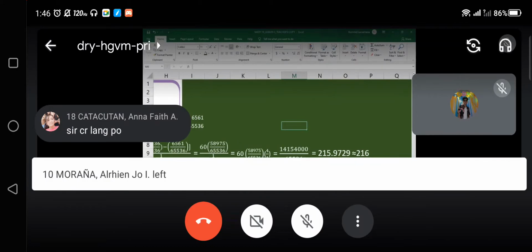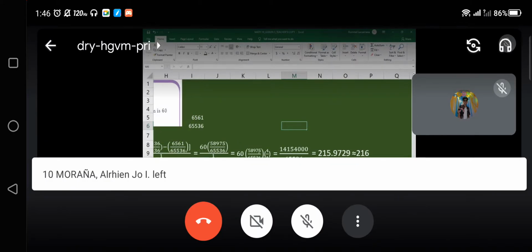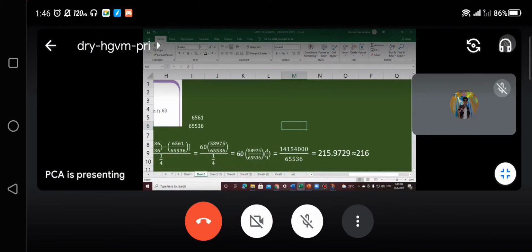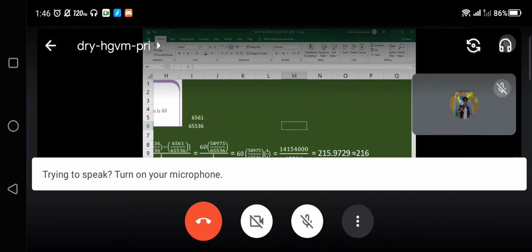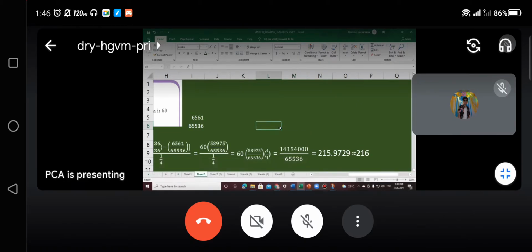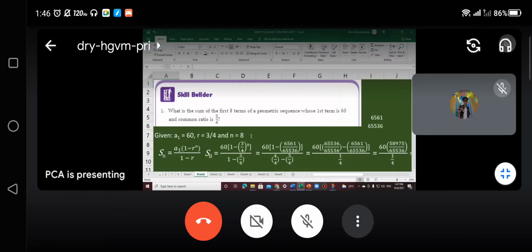It will be up. Then all you've got to do is 60 times 58975 times 4, and then 65536, of course, is 1, and then you divide. This is approximate, 216. Okay, very good, Yuka. Did you get it?